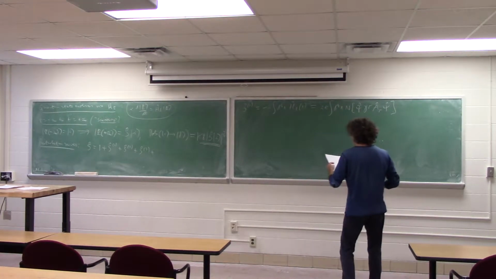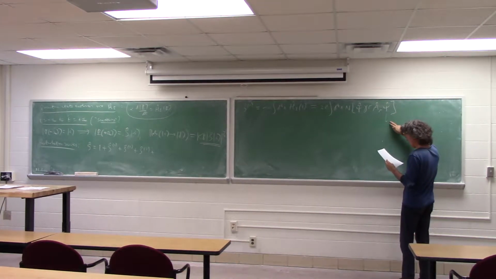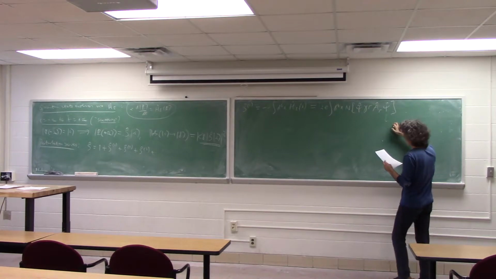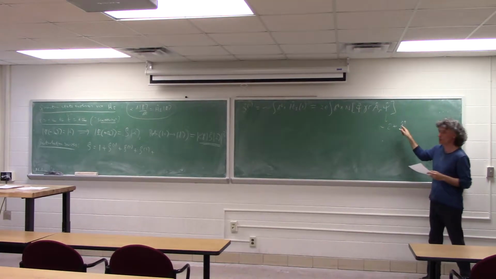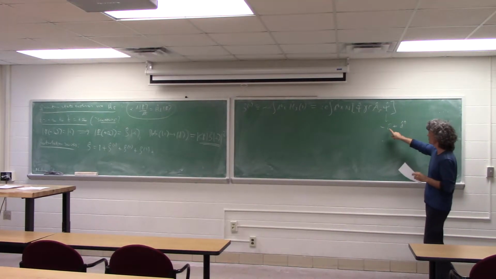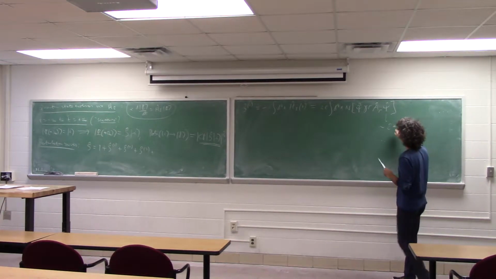Okay, good. Now, the field operator expansion for psi is of the form c plus b dagger. It's a sum over plane waves. You have annihilation operators for electrons, creation operators for positrons.